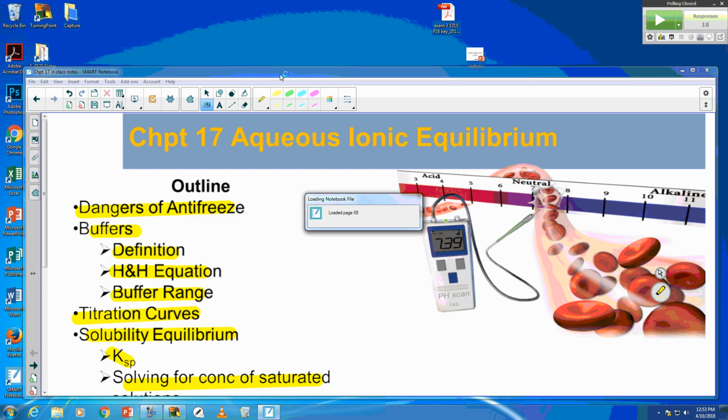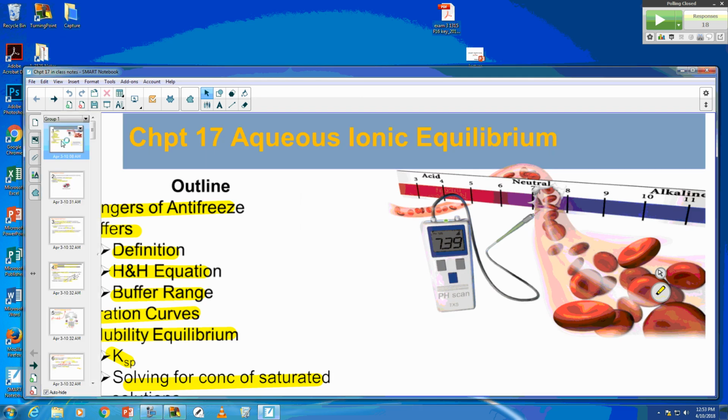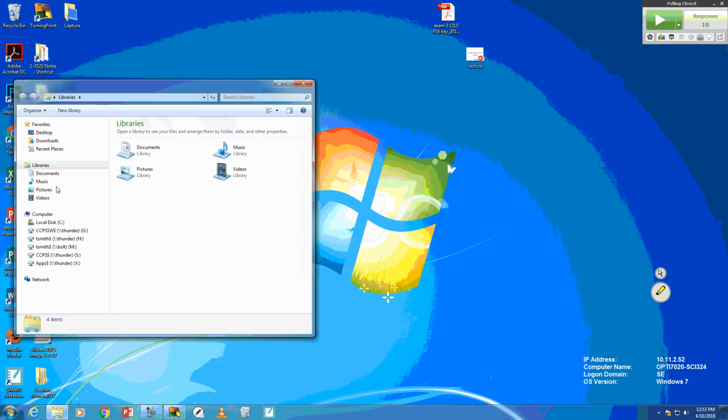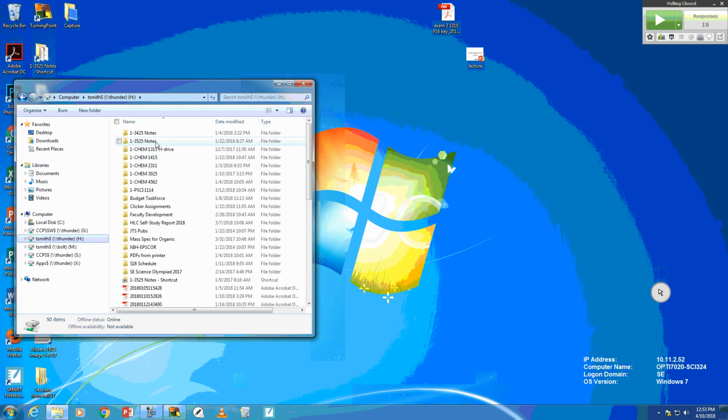And the thing I'll tell you about this, where it's loading, is that I don't expect you to memorize these. There's a lot of steps of possibilities.